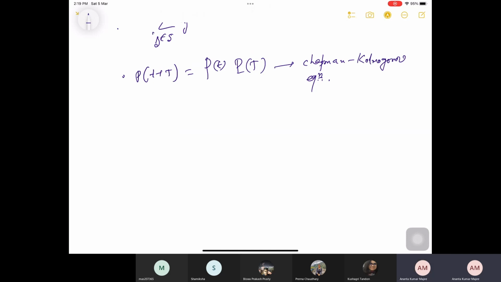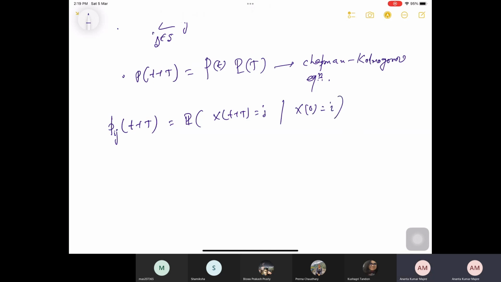Okay, let's see. So now I start with any element from the left hand side, which is Pij(t+T). Is it not? This is nothing but the probability of X(t+T) equal to j given X(0) equal to i.